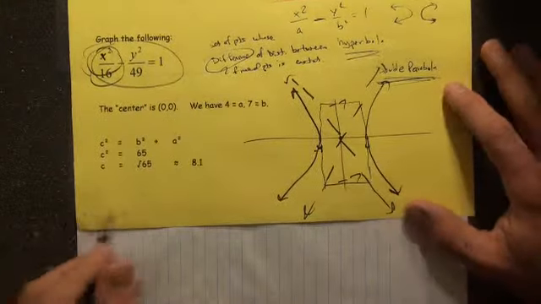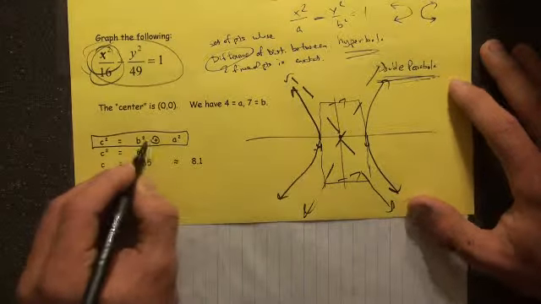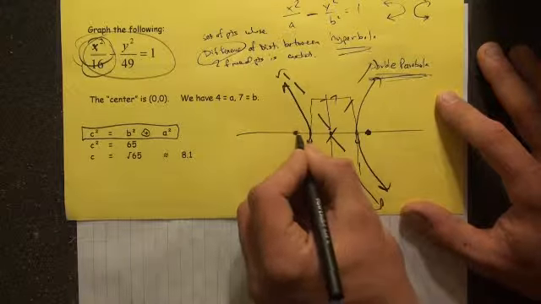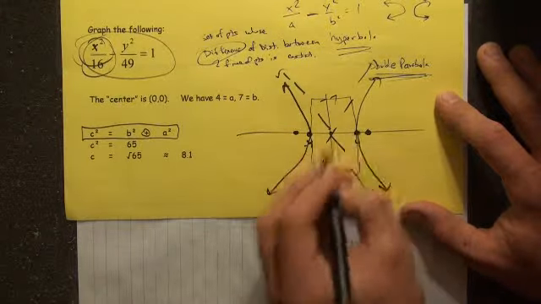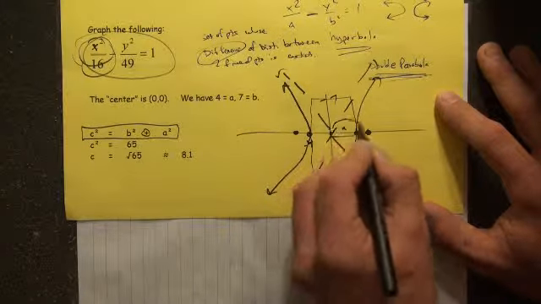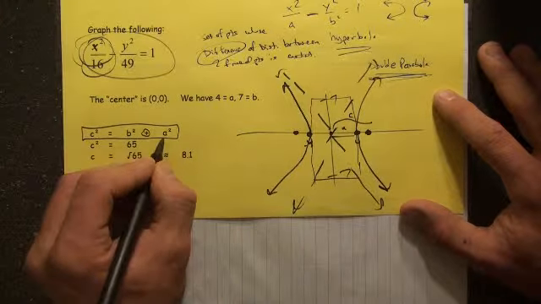Now the c value is calculated a little bit differently. It's actually a plus instead. Here's why. Here's the c value. Guess where it is? It's outside of the distance that a is. In other words, c is greater than a. So that's why you're going to add a squared and b squared together.